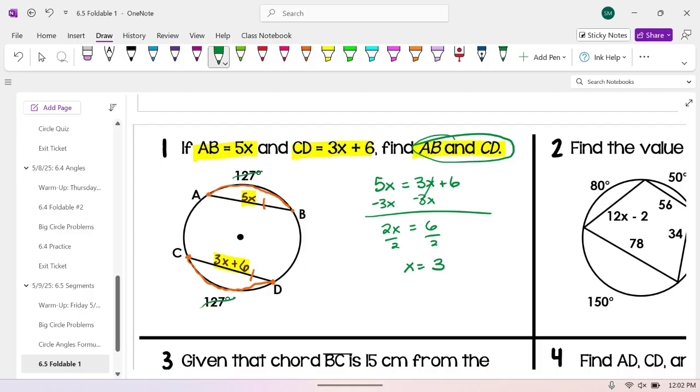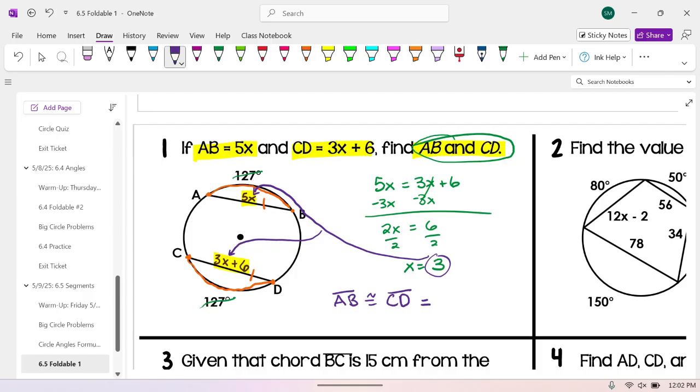So what do I need to do? Plug the x back in for one of the x values here. Why do I only need to plug it into one? Because they're congruent. You can plug it into both if you want to, just to check, but they should both equal the same thing when you evaluate. So since segment AB is congruent to segment CD, they're equal.